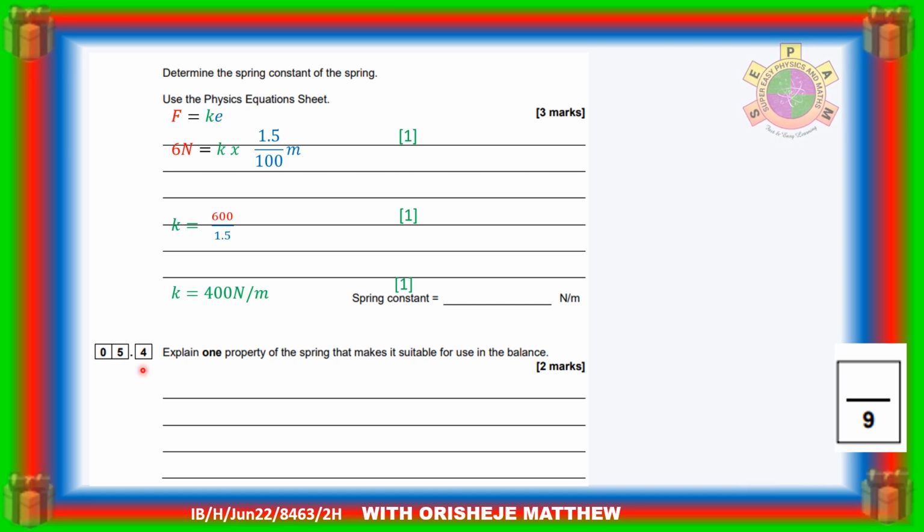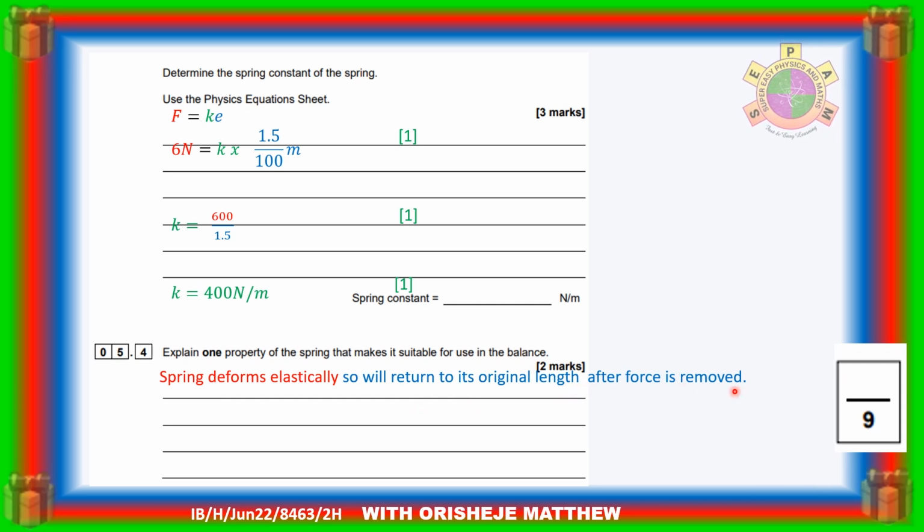Then question 5.4, explain one property of the spring that makes it suitable for use in the balance. The property of the spring is the elastic property, that is, once it is deformed, it can regain its structure. So a spring deformed elastically will return to its original length after the force is removed.